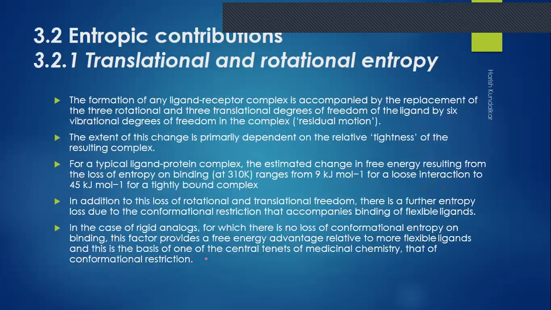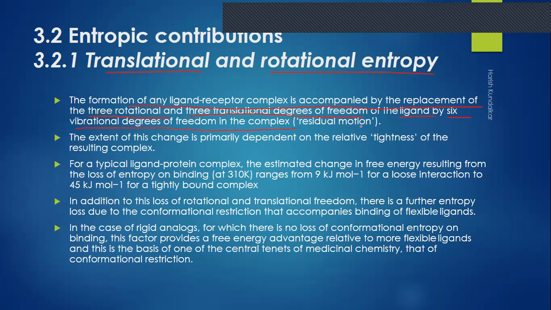Okay. Then, we have just talked about the enthalpy contribution, the different types of interactions that happen between the ligand and its receptor. Now, let us talk about the entropic contributions. Entropic contributions can be in terms of translational and rotational entropy. The formation of any ligand receptor complex is accompanied by the replacement of three rotational and three translational degrees of freedom of the ligand by six vibrational degrees of freedom in the complex.